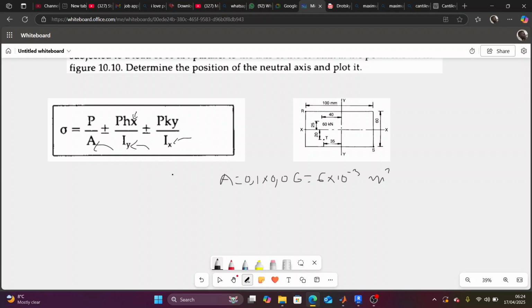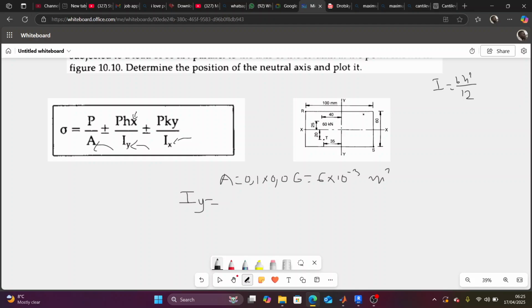Okay, now how do I find I_y? Remember, it is a rectangle. Now I_y is passing through the center of gravity. If we look at I_y, remember the formula for the moment of inertia of a rectangular bar is base times height cubed over 12.